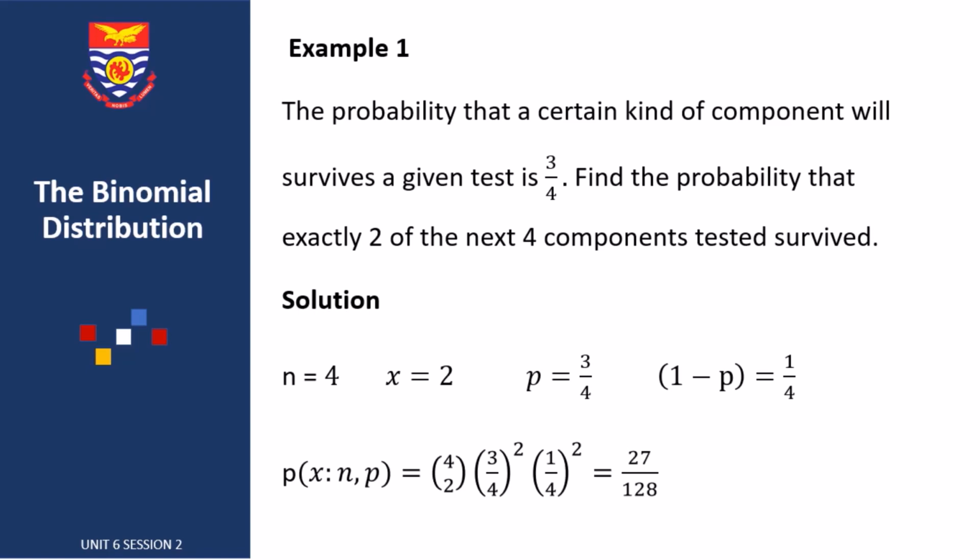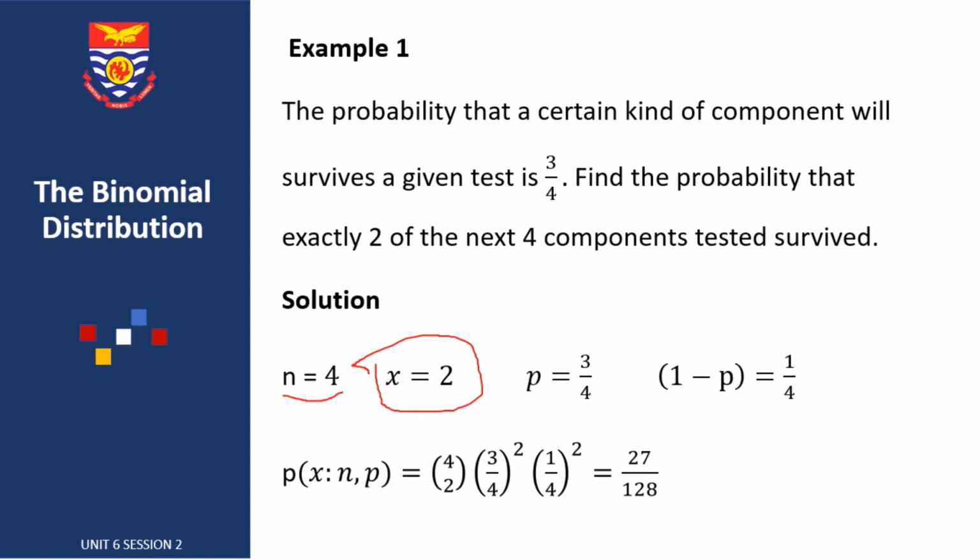Now what is the demand of the question? We find the probability that exactly 2 survive, so x in this case is 2. The next 4 components are tested, so the total number of components tested, n, is 4.